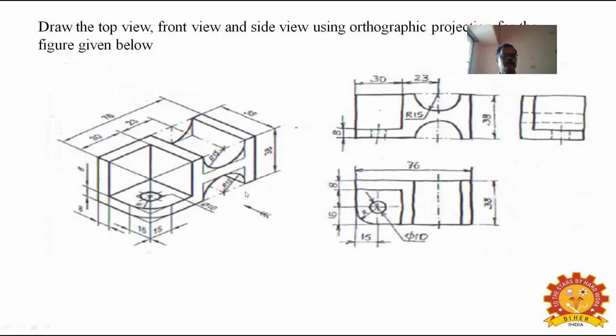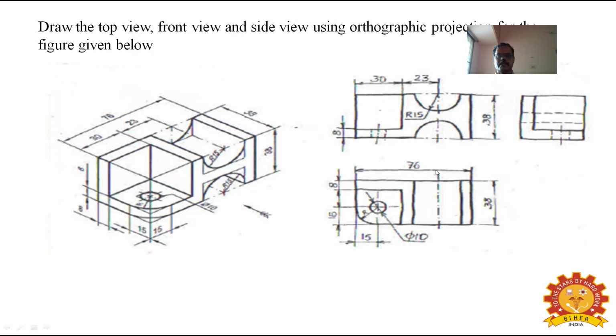Here you are given an isometric drawing. See the overall dimensions: 76 by 33. Height is given as 38.